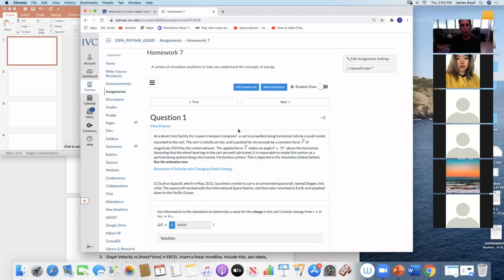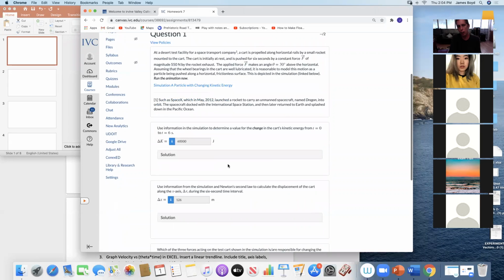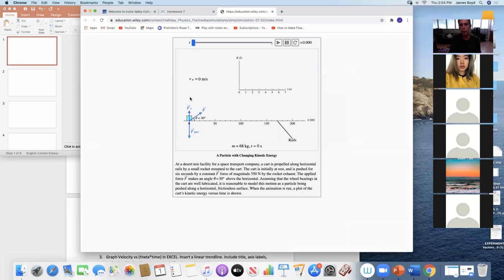When you go into the homework, it gives you this little story. Some of them have simulations, some of them don't. And then it asks you some questions. You may not know how to answer these correctly. Just go through and try to figure it out. If you've read the book and watched the lecture, hopefully you'll have a good idea of what you should do.